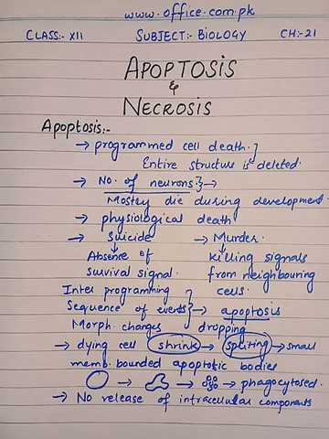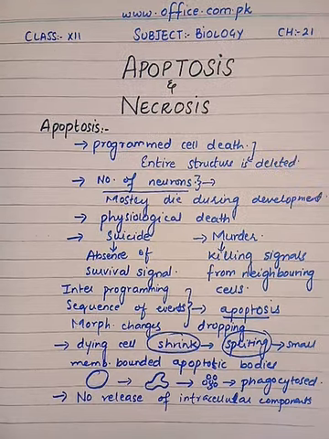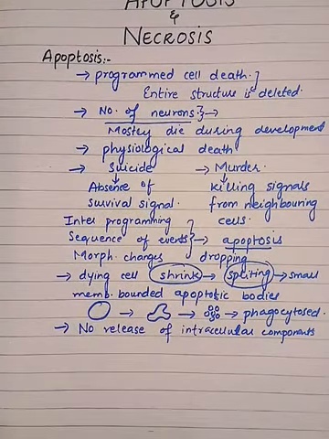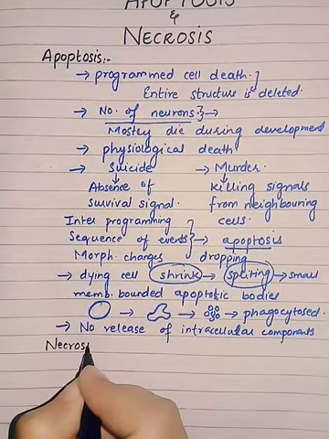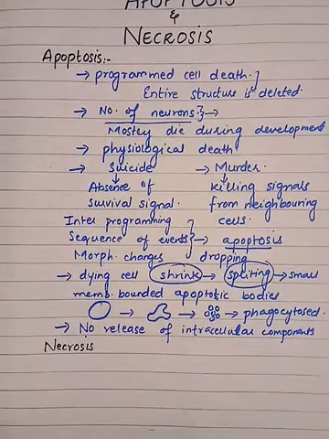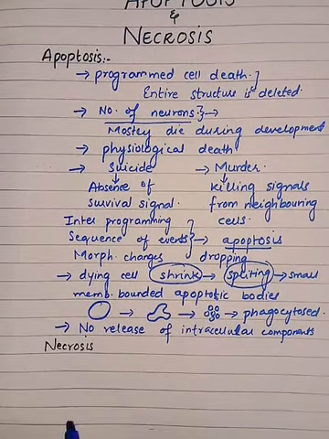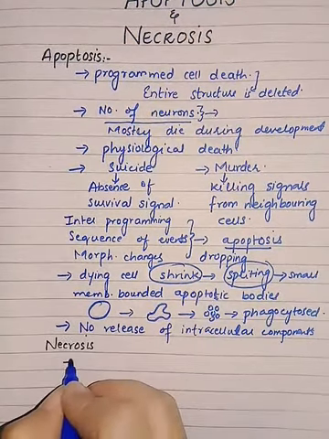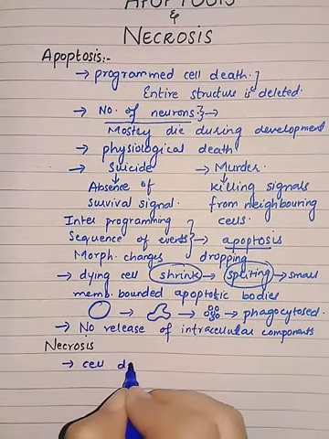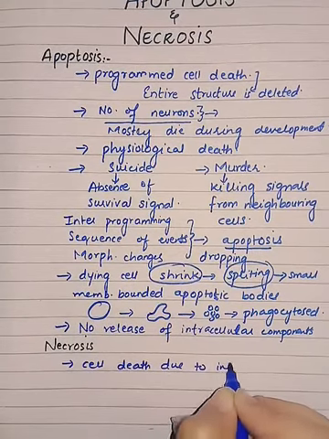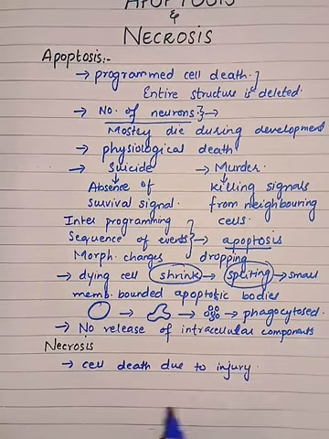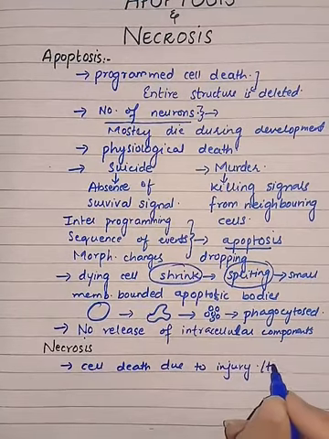Now let us talk about necrosis. Unlike apoptosis, necrosis is basically cell death due to injury or any kind of disease, tissue damage.